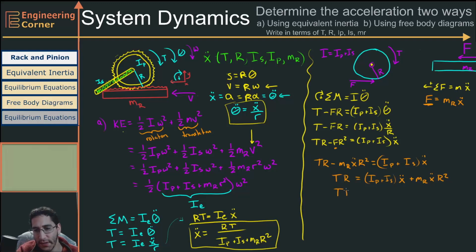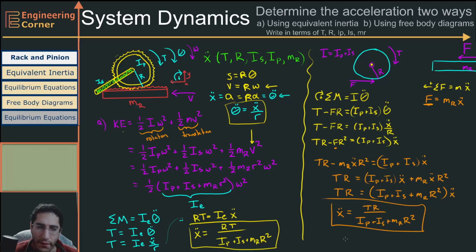So I can say TR is equal to IP plus IS plus MR R squared times x double dot. And now divide this, which was our equivalent inertia. So I have x double dot is equal to TR over IP plus IS plus MR R squared.